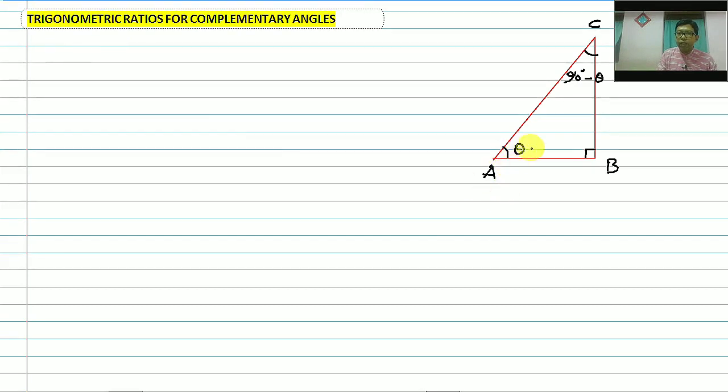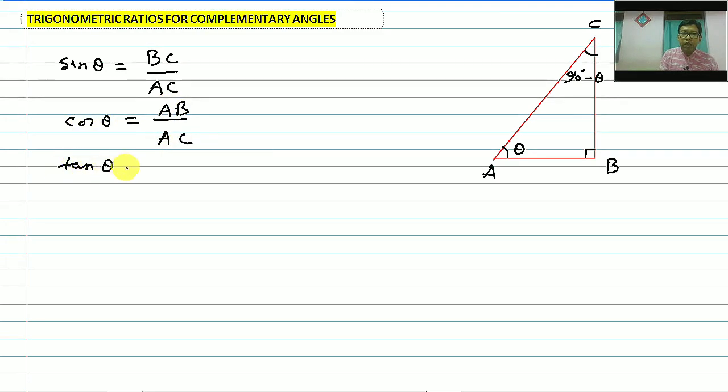Now, if you take the angle A, that means theta, then its trigonometric functions are respectively: sine of theta is equal to BC upon AC. Next, cos of theta is equal to AB upon AC, and tan of theta is equal to BC upon AB. This is perpendicular divided by base, and correspondingly I write their reciprocals.